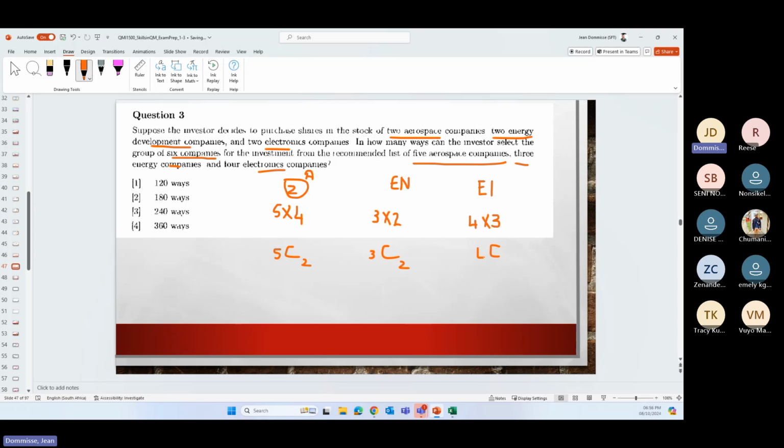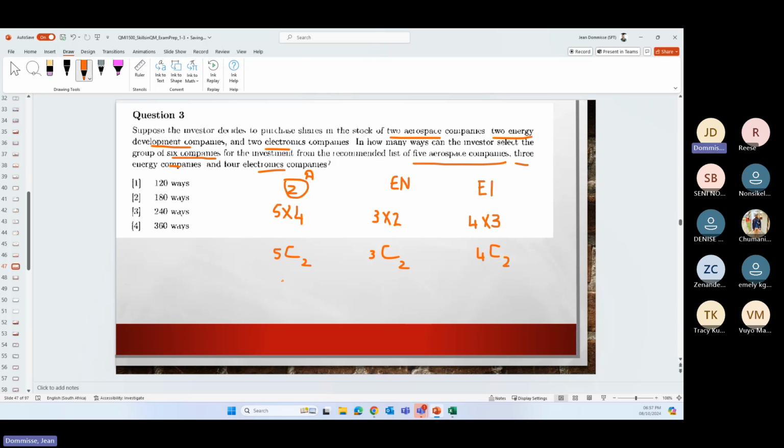Okay, so all is combination 2 because we basically pull 2 of each. So we can again use your calculator with a combination sign, but you can also use Excel.